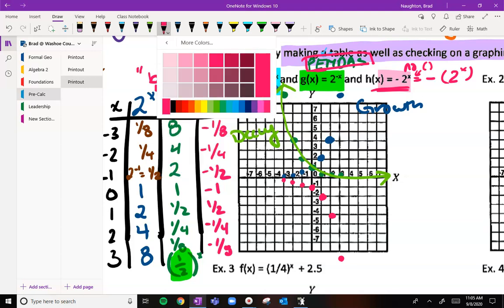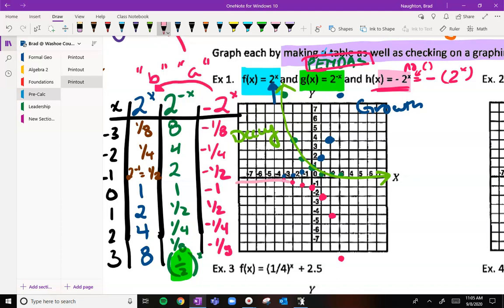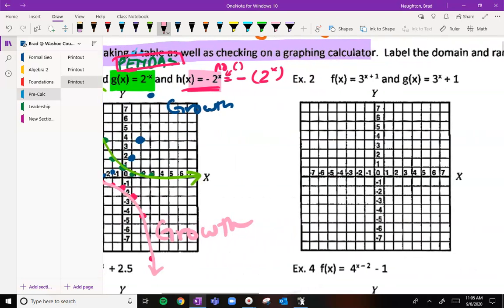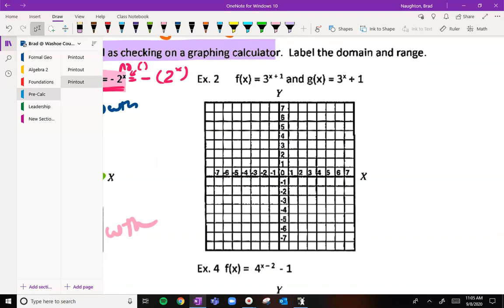I don't really have a lighter pink. Good thing I can make one. There we go. So you can see, ladies and gentlemen, that it is exponential growth because it's going away from your asymptote. It's just going in the negative direction. So once again, I'm going to call this one growth.